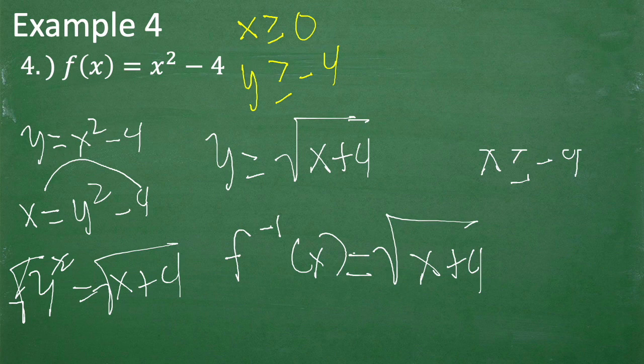Sorry for that, let's rewrite that. So x must be greater than or equal to negative 4, and y must be greater than or equal to 0. This is to make sure that this inverse is exactly the inverse of that function with restriction. Okay?